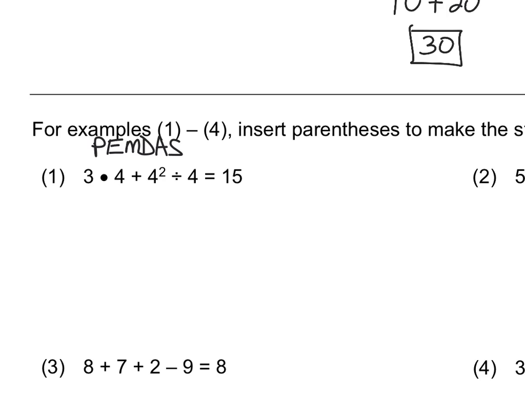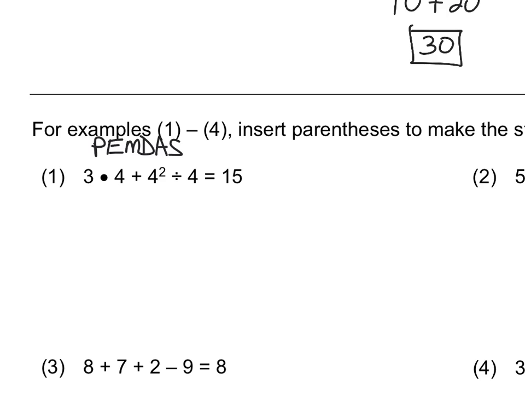Okay. So what we want to do is kind of upset the order of operations. All right, because if we were to follow order of operations here, I could just type in what they have, and you get 16. So the left-hand side is obviously not equal to the right-hand side, all right? And they're saying insert parentheses, because if they didn't say that, if they just said manipulate the equation to make it true, I would just add 1 to the right-hand side and call it a day, all right?